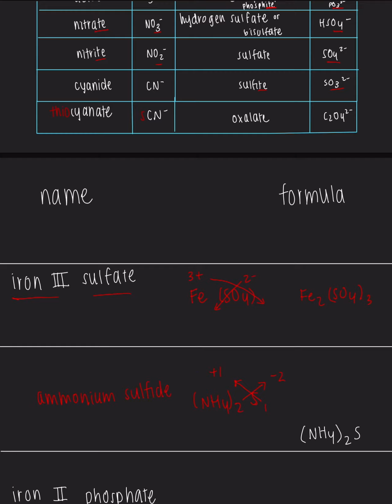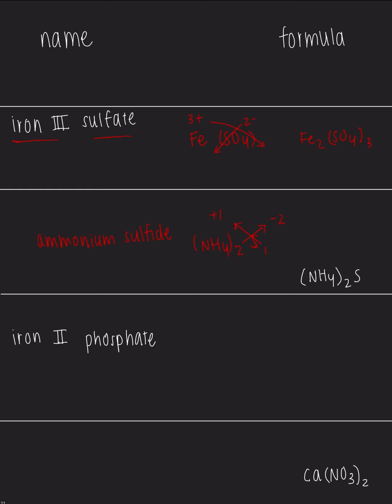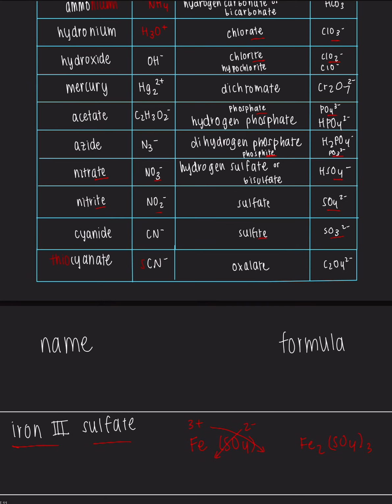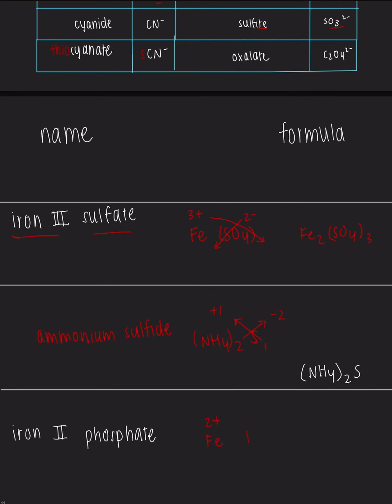Okay, let's go to the next one. So again, you have iron 2. I'm going to write Fe, and I know it's going to be 2+, and then phosphate. And it's like, oh, I don't remember. Then I go and check my material. You guys are probably going to have to learn this. If your professor allows you to have this, amazing.